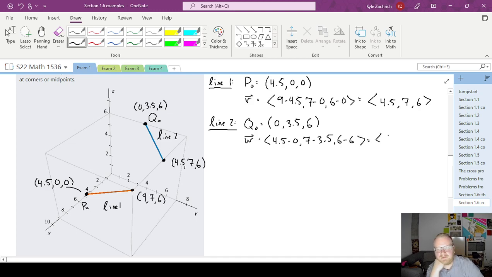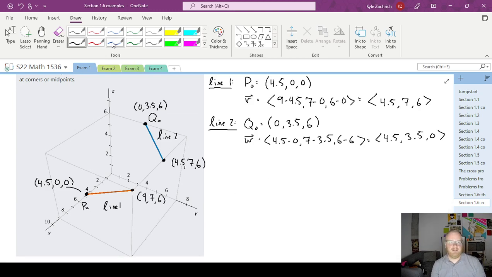So that'll give us 4.5, positive 3.5, and 0. Okay. All right, that normal vector between them, so maybe I'll draw it this way.